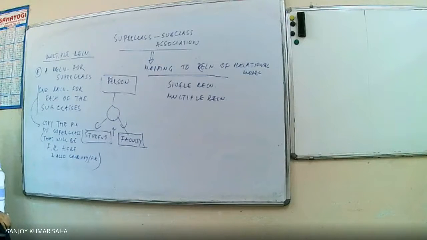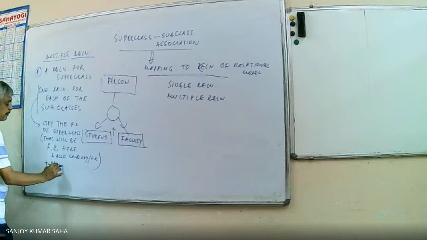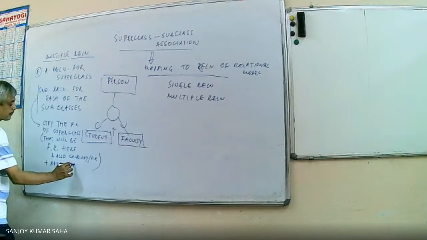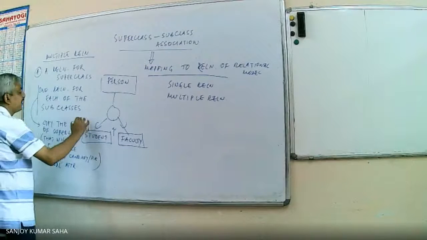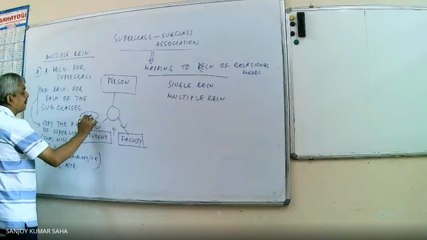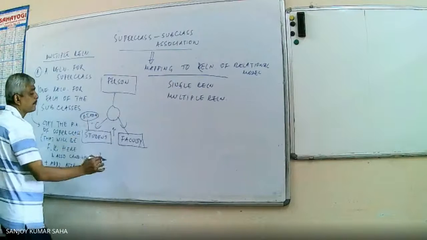In general, we can think of it plus the additional attributes of the student. The student may have some date of admission, etc.